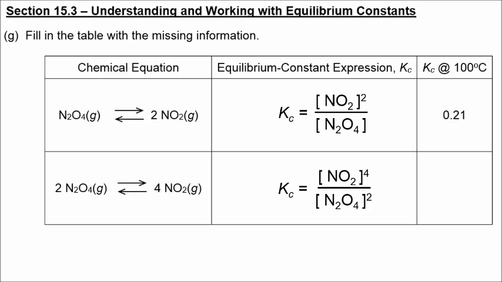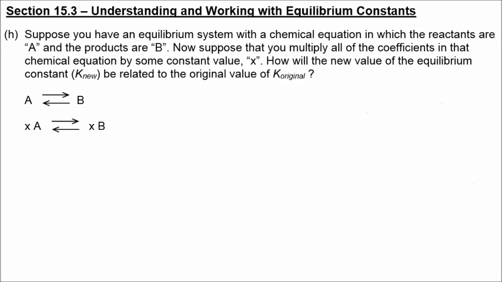Not 0.21 times 2, but rather 0.21 raised to the 2nd power. So 0.21 squared is 0.044.